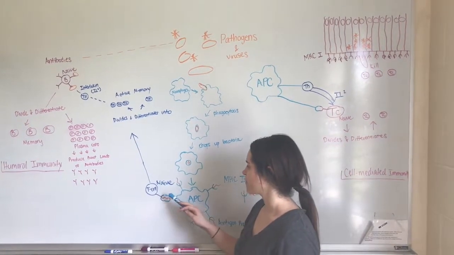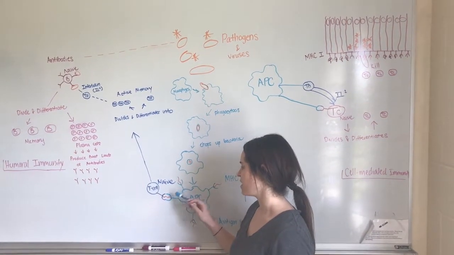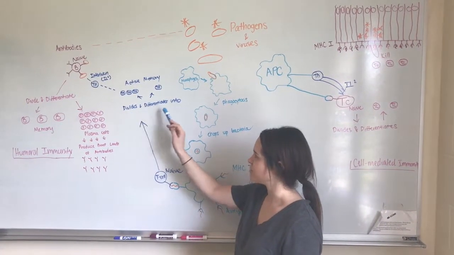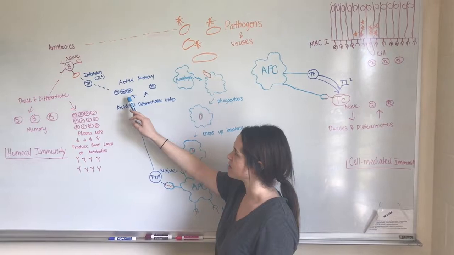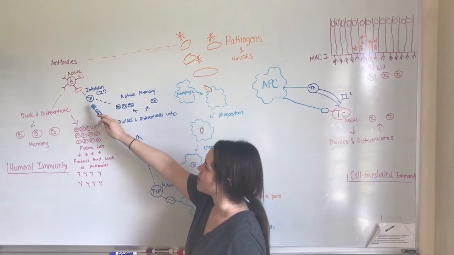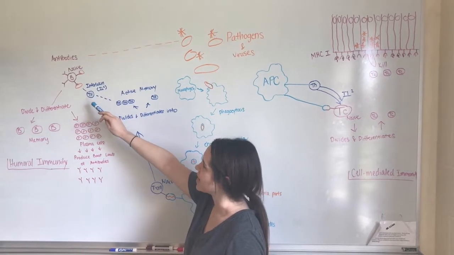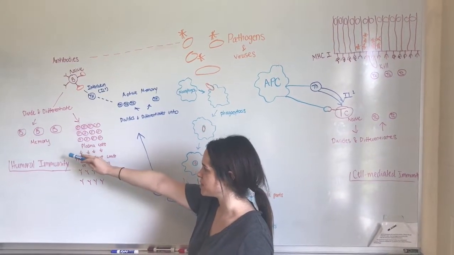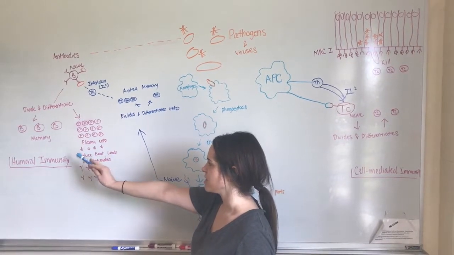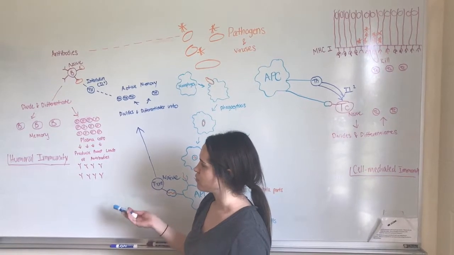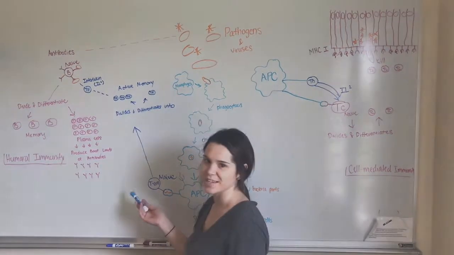And then the T cells are naive until they are activated and divide and differentiate into T helper cells, which provide interleukin-2 to naive B cells, which divide and differentiate into memory B cells and plasma cells that produce boatloads of antibodies. And that is an overview of the humoral immunity.